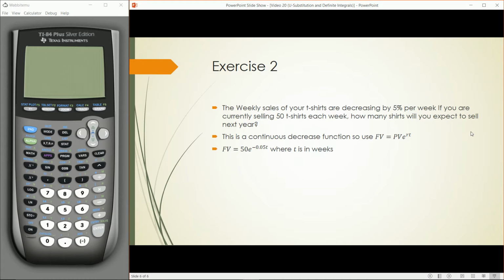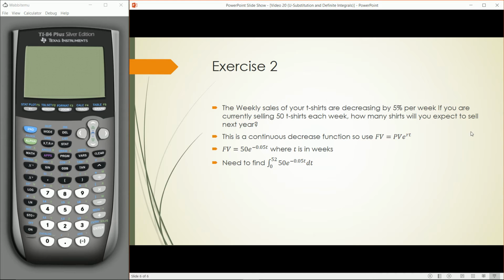Which you have your present value, which is 50. Your rate is negative 0.05, and t is in weeks because that's what the time is counting as. All right. Now, we want to find the integral from 0 to 52 of this function because there's 52 weeks in a year.